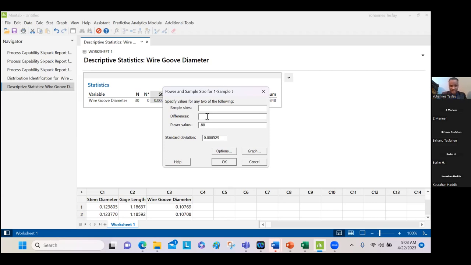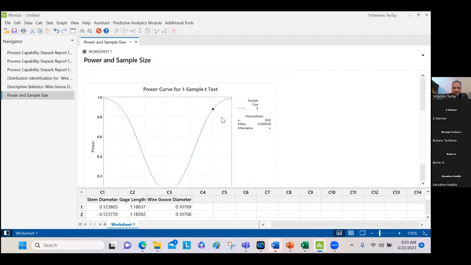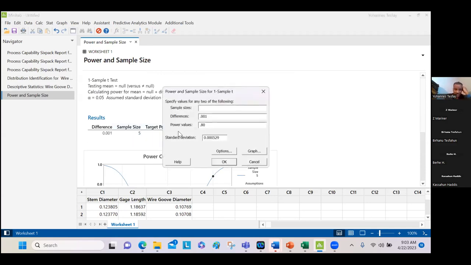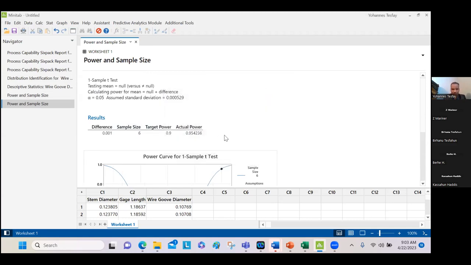Difference is how much I want to close. Let's say 0.01. This is a fixed side. That is how much I want to close. Then I'm gonna say okay. See, here I am, okay? I find 5 here. Because I have a lot of samples, this can go to 90%, increase of power.